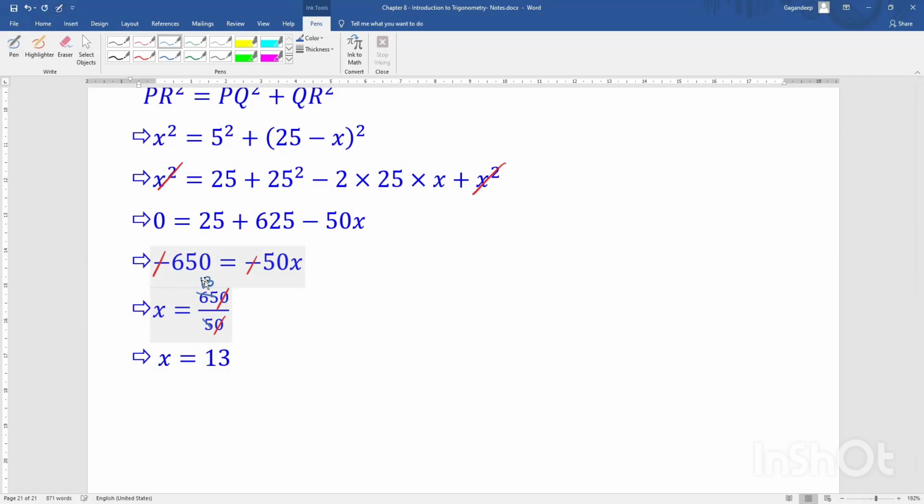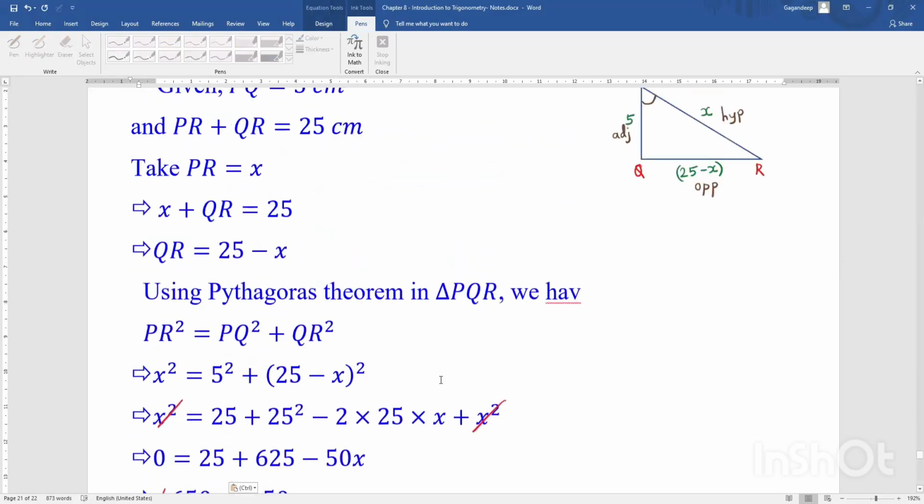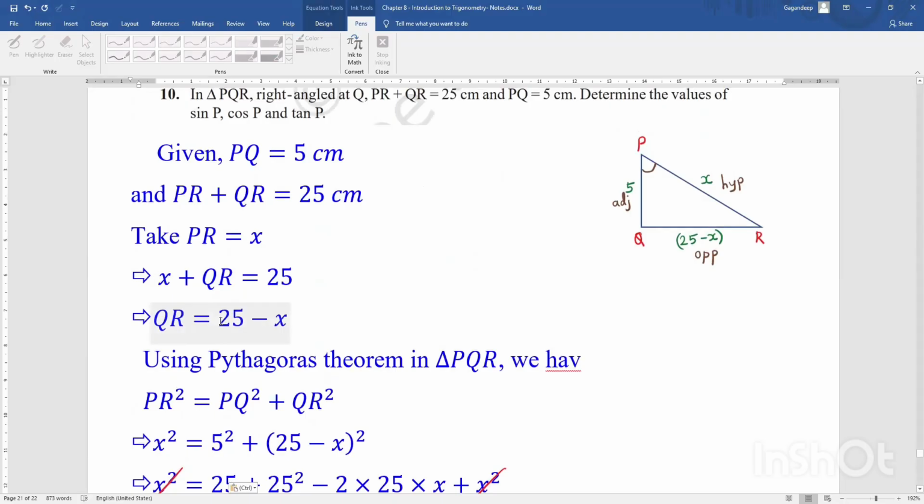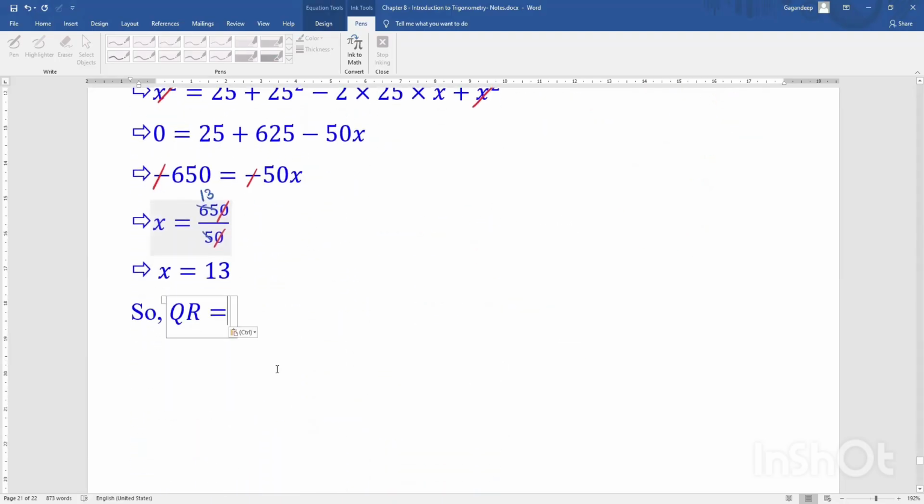Then, now what is QR? So QR is nothing but, already we have taken the QR as 25 minus x, correct? So 25 minus x, so x we can write it as 13. Okay, so that means 25 minus 13 will give you 12.